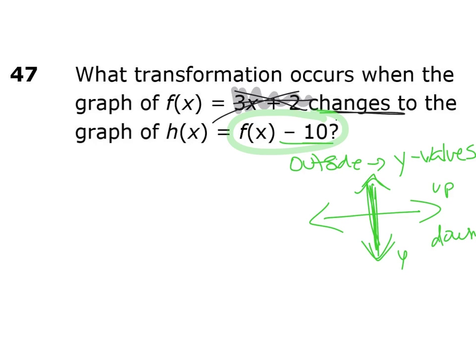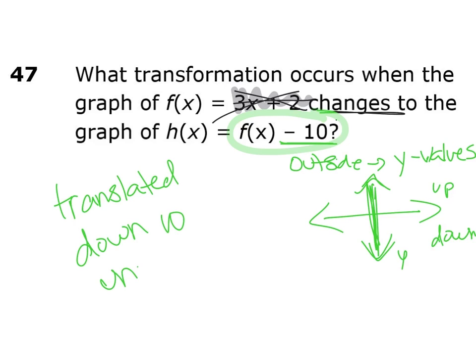We look, there's a minus 10, it's outside the parentheses once again. So this graph is being translated down 10 units. Once again, it didn't matter what was here. What matters is what it was changed to.